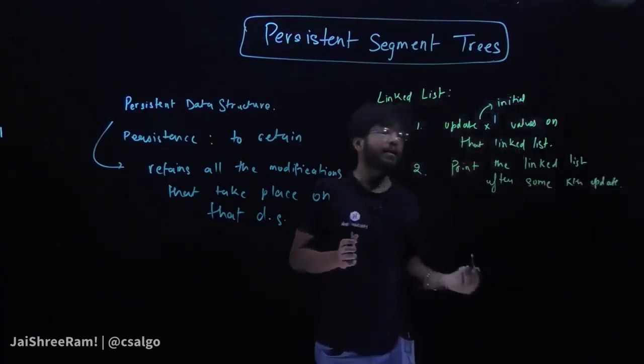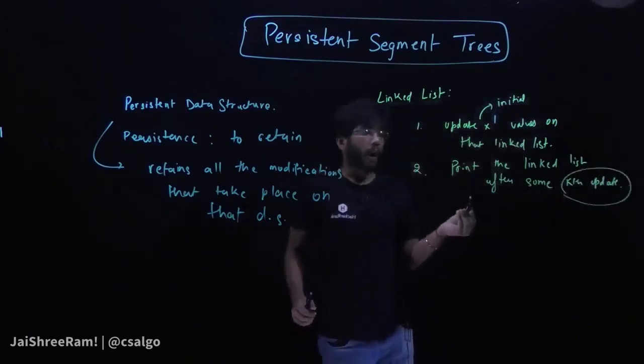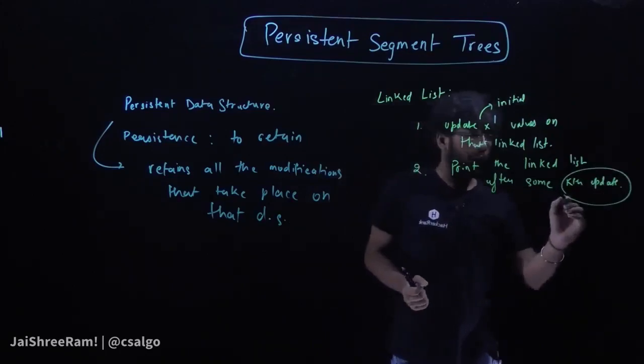So the point here actually is that the kth update, how do we print the kth update?